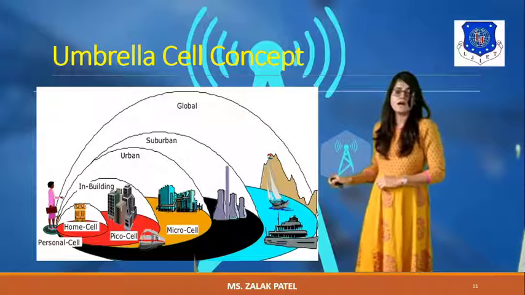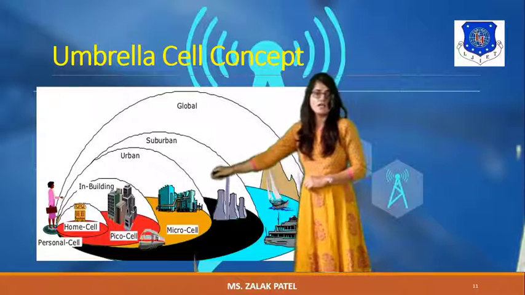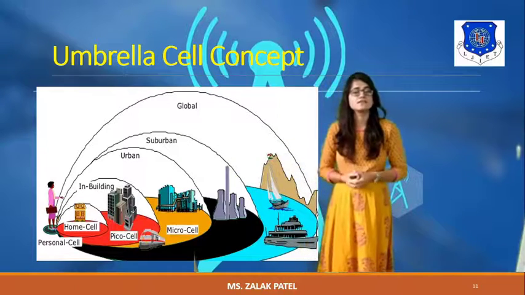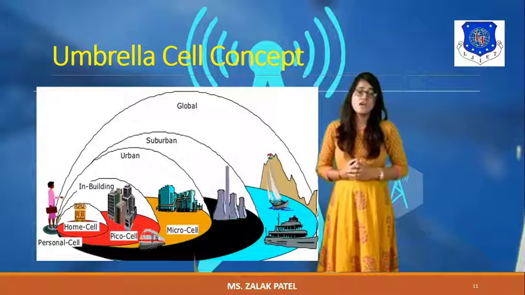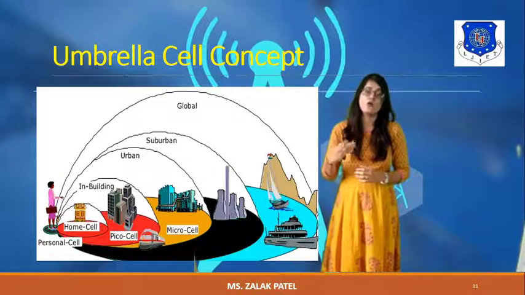The other cells are the urban area or suburban area, so as the number of users required is less, you can choose wisely for that area, whether it is a suburban area or urban area.